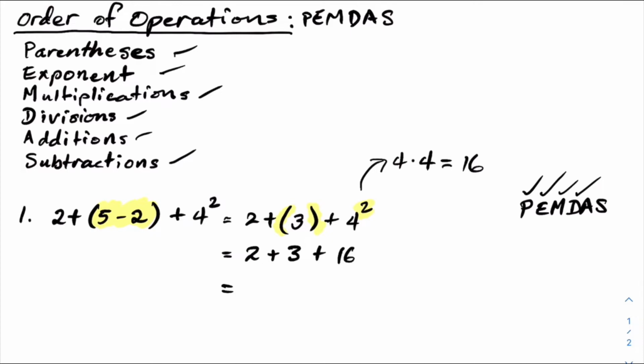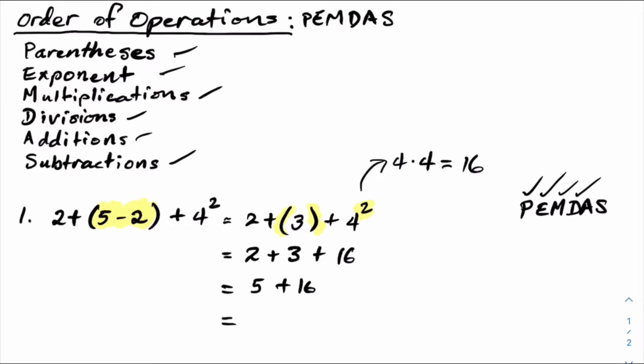So 2 plus 3 is 5 plus 16. More addition, 5 plus 16 is 21. That's done. And subtraction, there is no subtraction, so we're done. And the answer is 21.